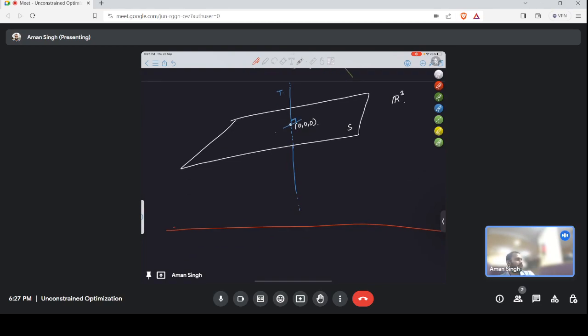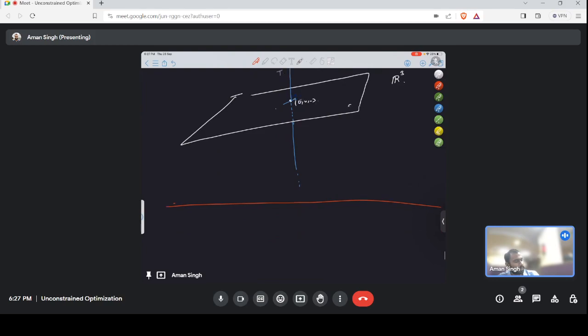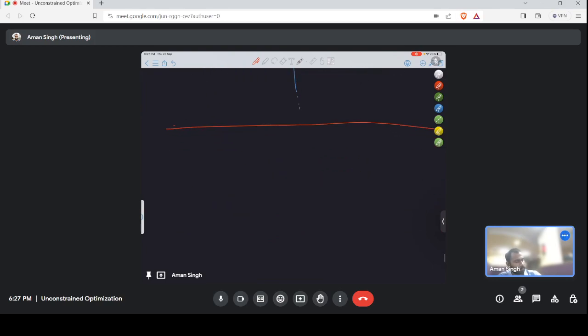Now let's look at mutual orthogonality and orthonormal vectors. First we'll look at mutual orthogonality. Just by name it suggests a set of vectors which are mutually orthogonal.